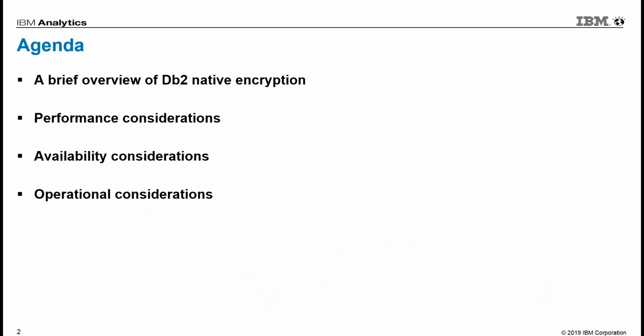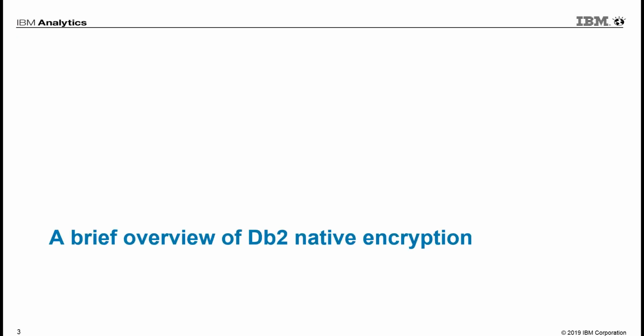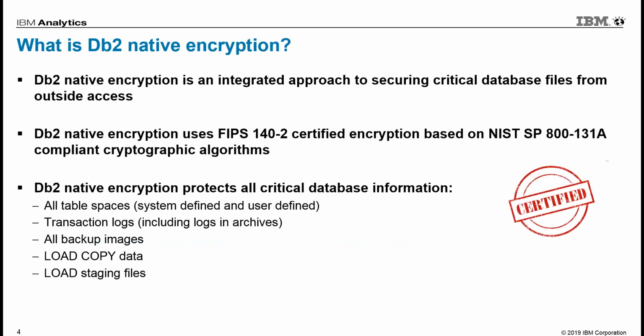I don't know where everyone's starting from, so I'll give an overview. And then briefly talk about the considerations you should have for performance, which is the number one question. And then availability and operational considerations that aren't always thought about. So I raise them here because you do need to think about them. They're not just pertinent to DB2 encryption, they're pertinent to encryption of data at any time when you're storing it on disk. So let's go through it and see what we discover.